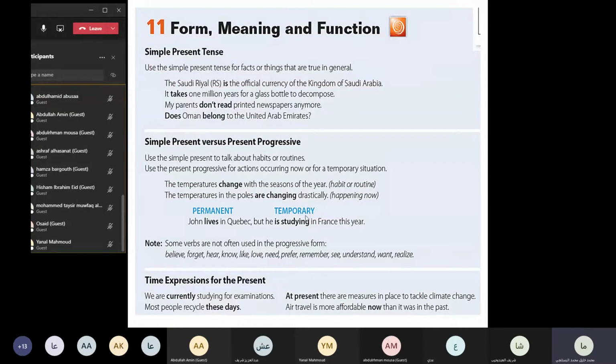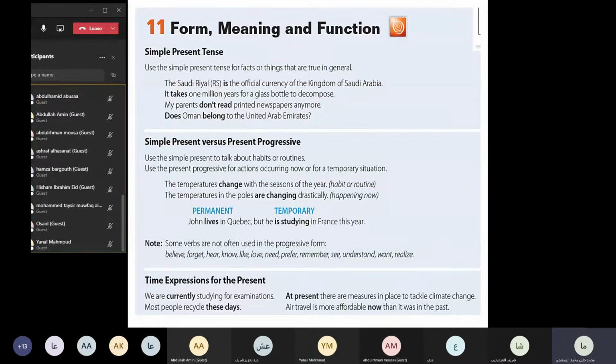But with a temporary situation, اللي هي الحالات المؤقتة, just this period of time. But now, this period of time, he is studying in France. With a temporary situation, we use present progressive. With permanent, we use what? Simple present. John, in general, lives where?